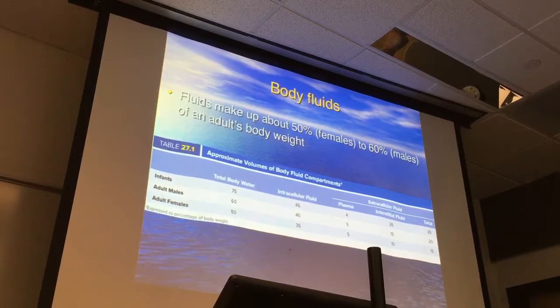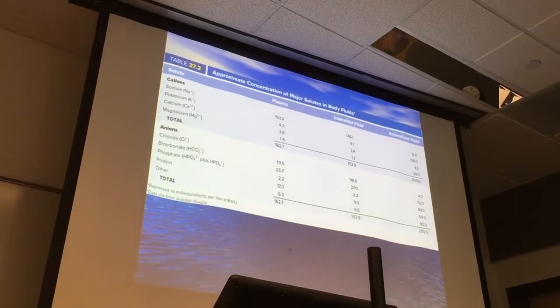Now, we're going to look at the fluid compartments in just a second, but the fluid has two major compartments: inside of cells, outside of cells. Outside of cells, we have plasma and interstitial fluid, and there are some very small compartments outside of that that are regarded as insignificant. So let's look at the composition of these fluid compartments.